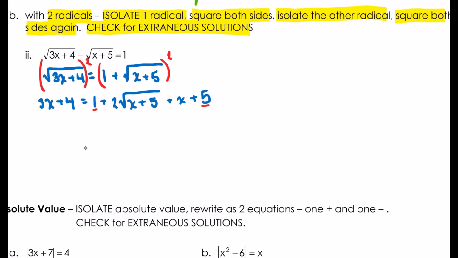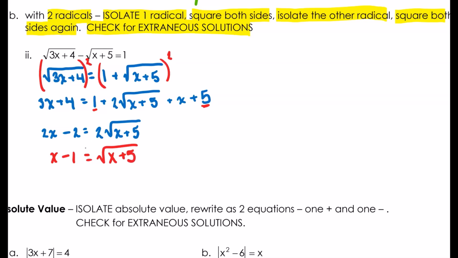So the 1 and the 5, of course, are going to sum to 6. So then combining those with the left-hand side, notice that we would get 2x minus 2 is equal to 2 times the square root of x plus 5. Now I'm going to divide out my 2, and so I would get x minus 1 is equal to the square root of x plus 5.